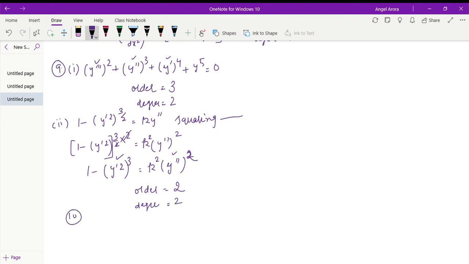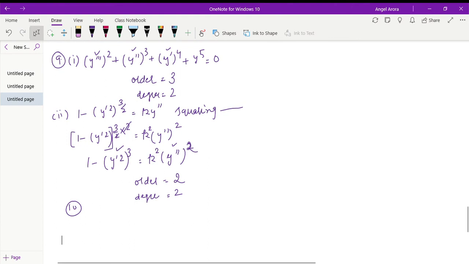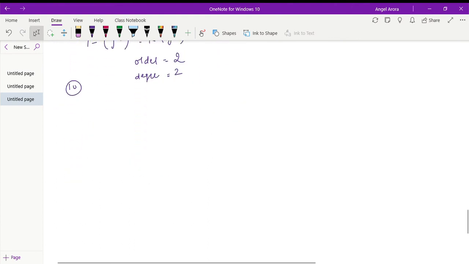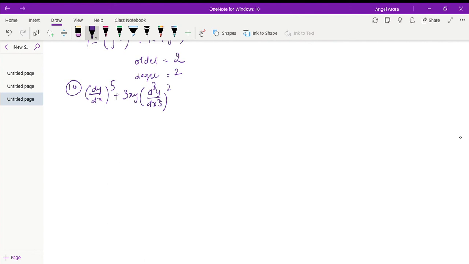10th question. dy upon dx raised to 5 plus 3xy d cube y upon dx cubed raised to 2 plus y d square y upon dx squared raised to 4 is equal to 0.